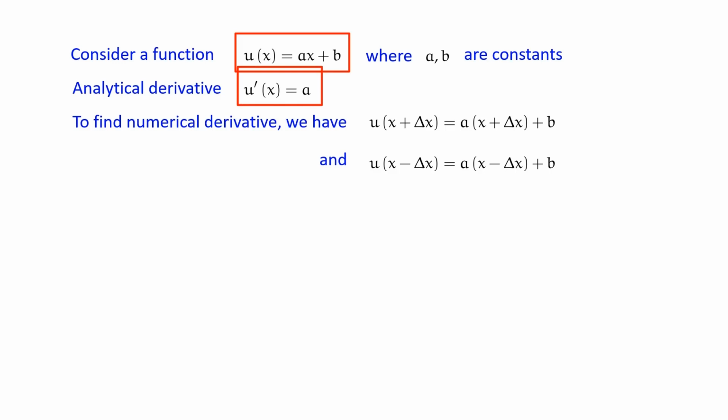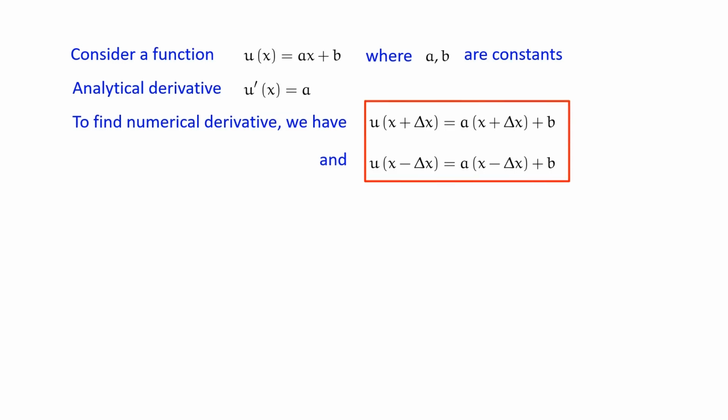If we want to find the numerical derivative of this function, we need to know u at x plus delta x, which is of course a multiplied by x plus delta x plus b, and similarly u at x minus delta x, which is equal to a multiplied by x minus delta x plus b.